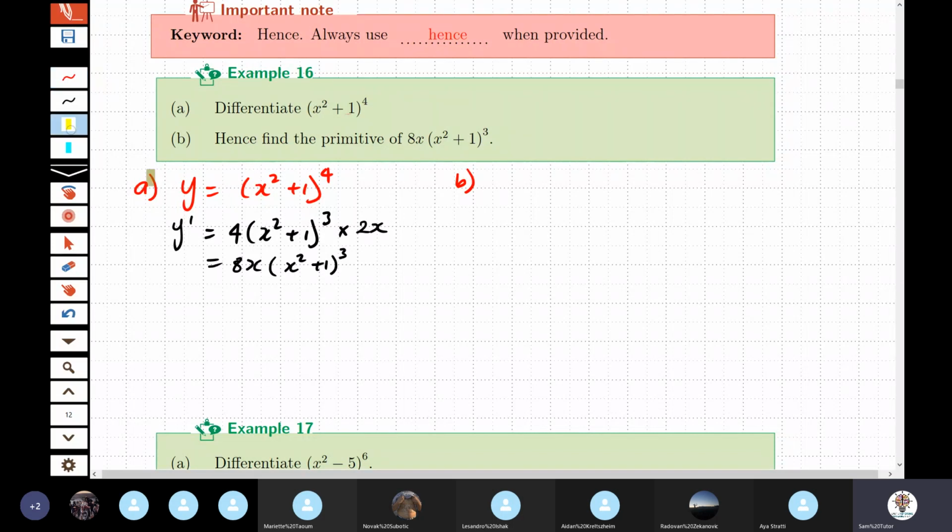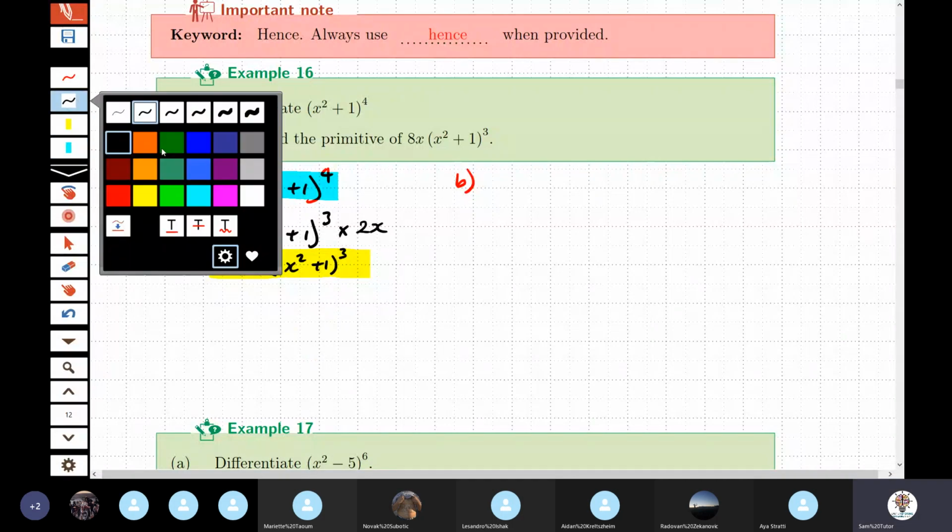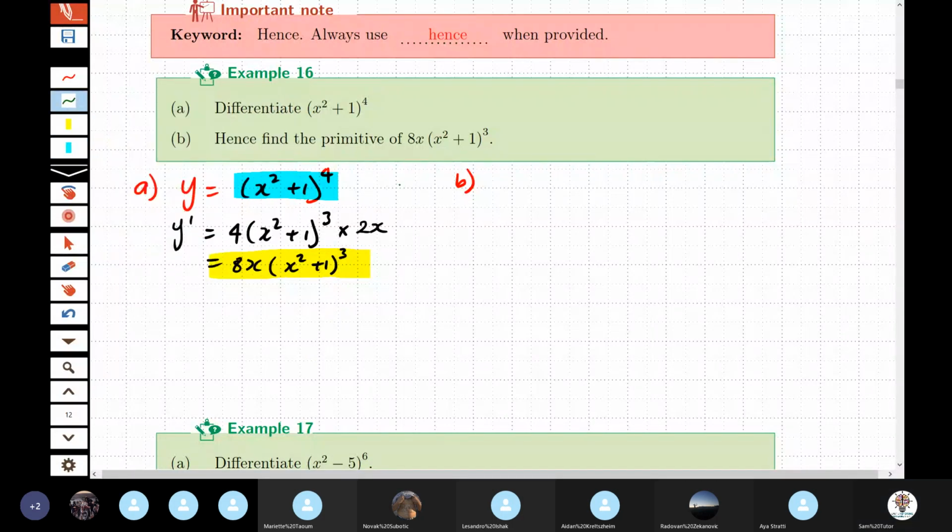Well, what do we know about this and the relationship to this? What do we know about the yellow highlighted section to the blue highlighted section? What needs to happen? How are they related?